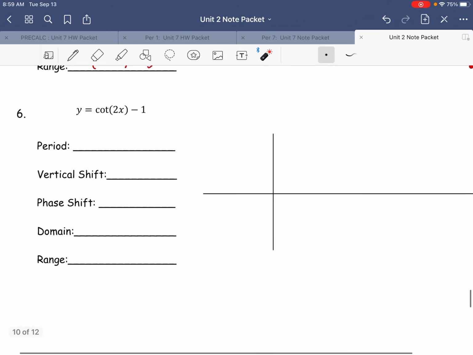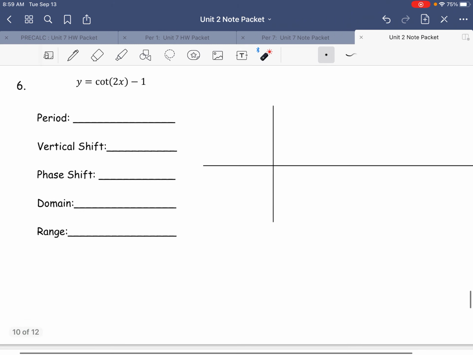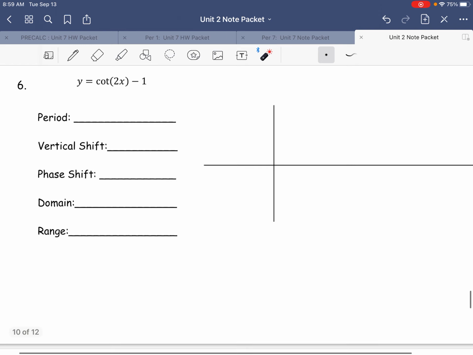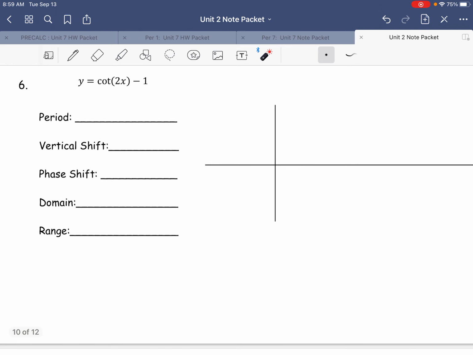Okay. And let's try our last one, number 6. Okay, so problem number 6. It says cotan. So I'm thinking first cotan is cosine over sine. So y equals sine of 2x is going to be first.